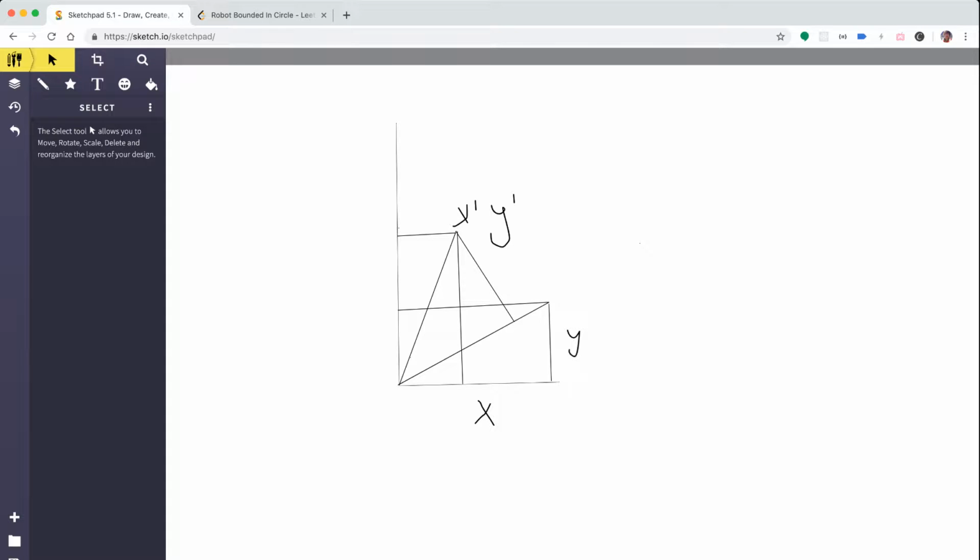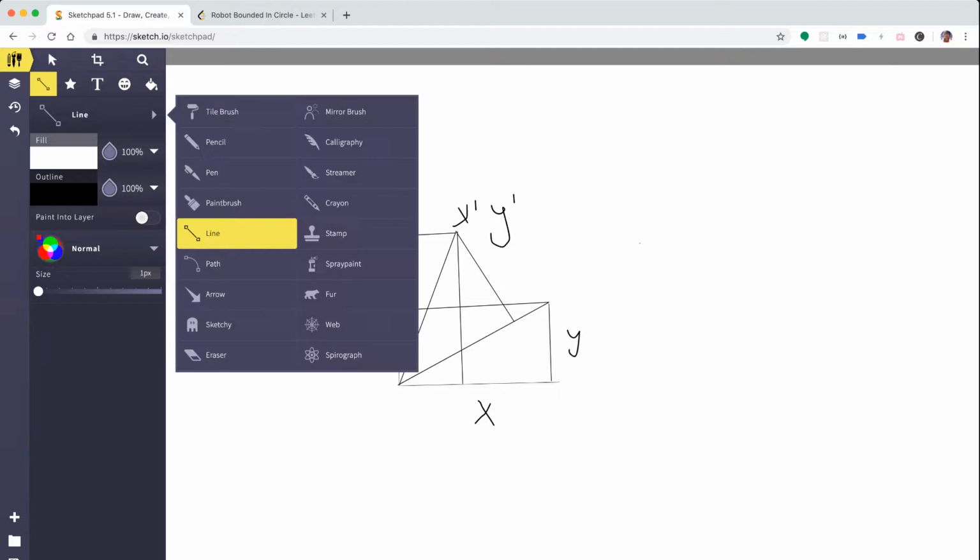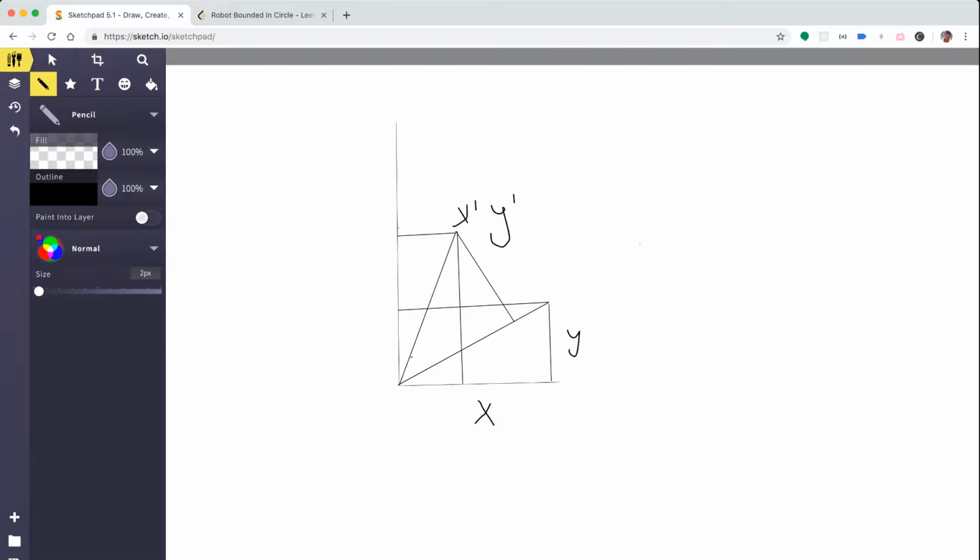So this is the point x, y, with a length of 1. Suppose it's 1 unit. So this is x, y, and we rotate it by theta.